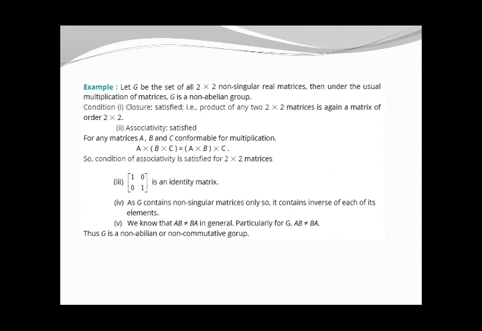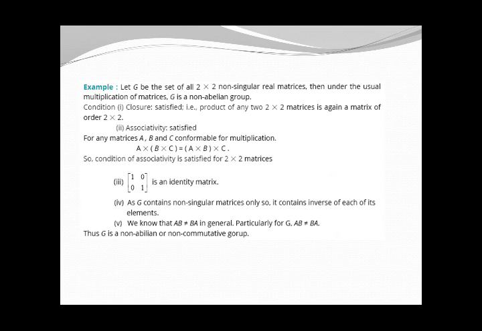And 1 0 0 1 is the identity matrix. As in the question we have non-singular matrices, therefore all the matrices have their inverse, but the commutative property does not hold.